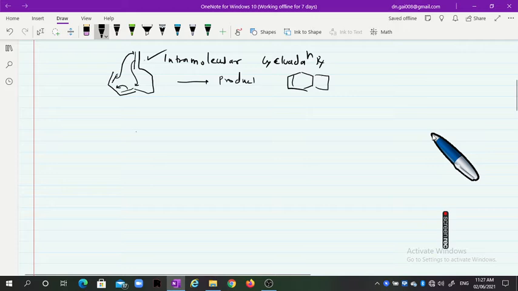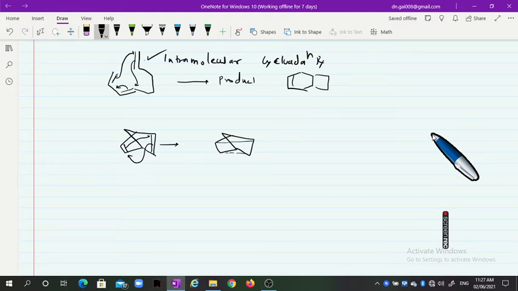Another example of an intramolecular 2 plus 2 reaction is there. Suppose we have such a type of compound, this bond is added to that by such a mechanism, and we will obtain such a type of product.